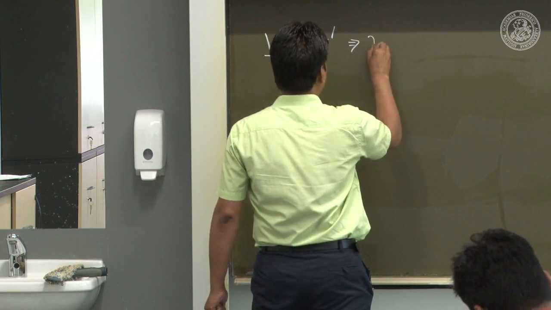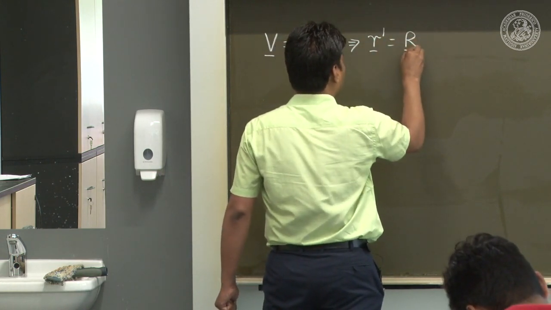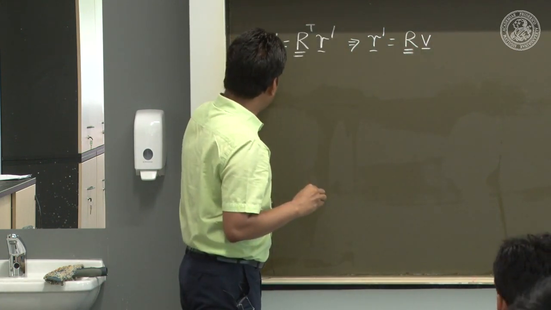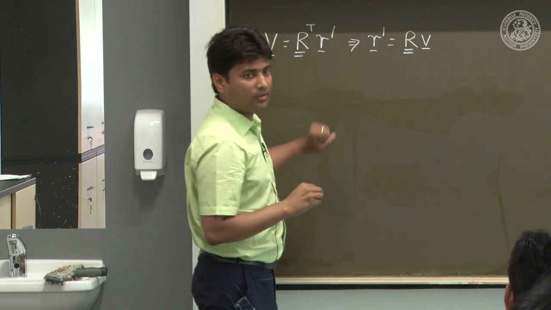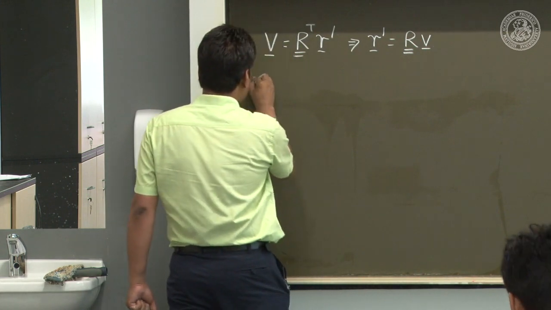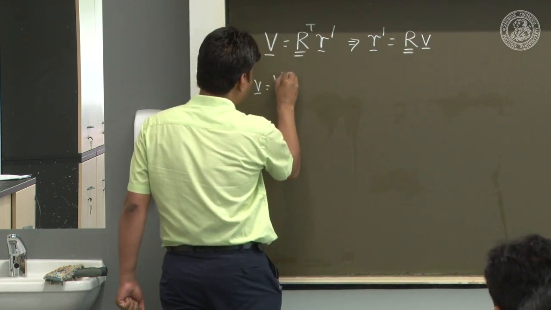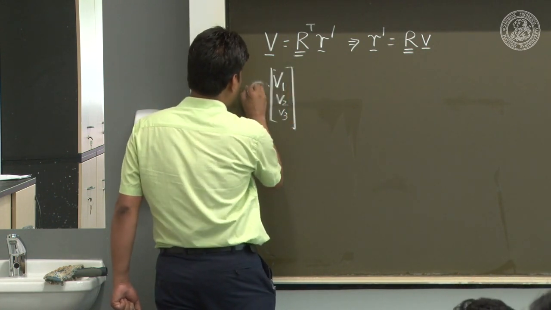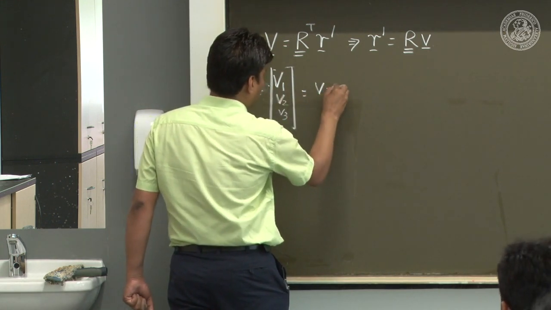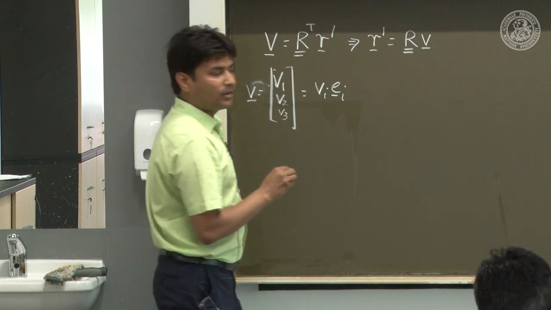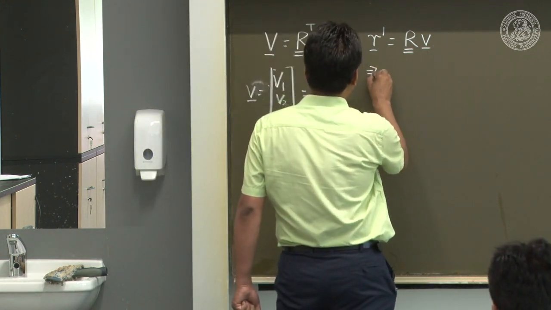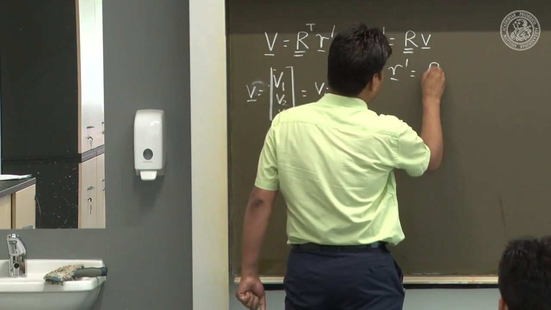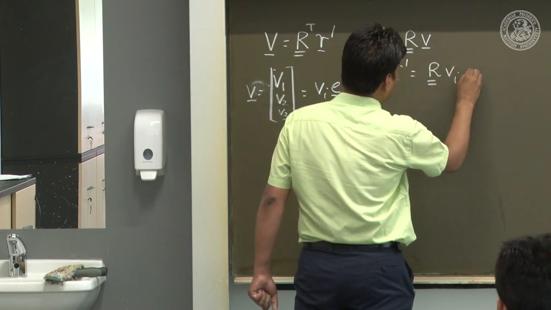So, that means your small r prime is same as big R into V. I am defining a vector V like this, and if you write your V equal to V1, V2, V3, which is same as Vi Ei, then your r prime is same as R times Vi Ei.